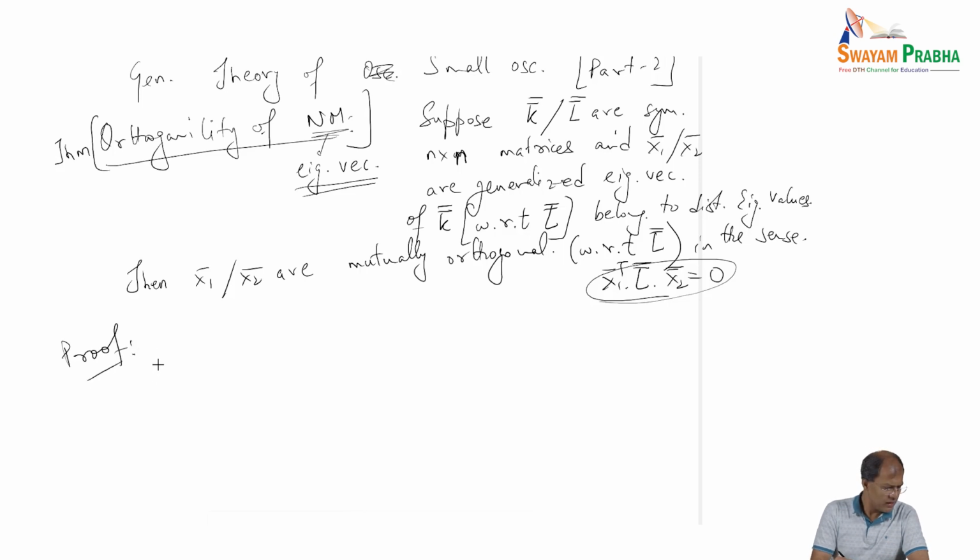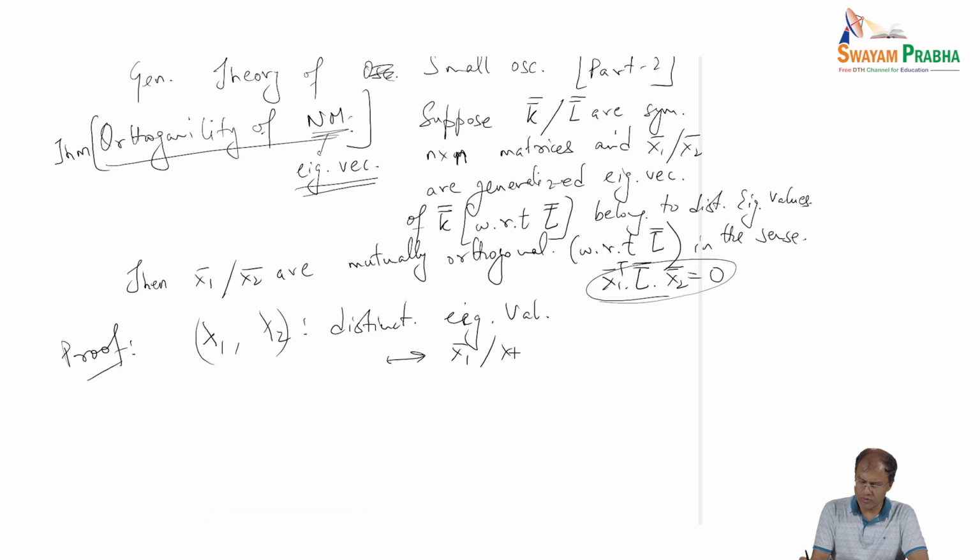This is fairly simple. Suppose eigenvalues lambda 1 and lambda 2 are distinct eigenvalues corresponding to x1 and x2. Then x1 transpose Kx2 we are going to rewrite.